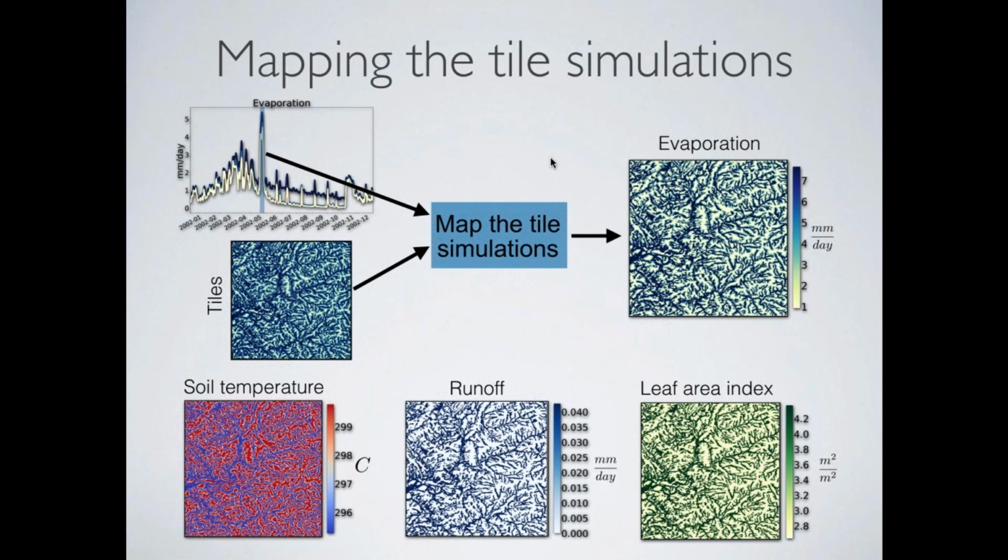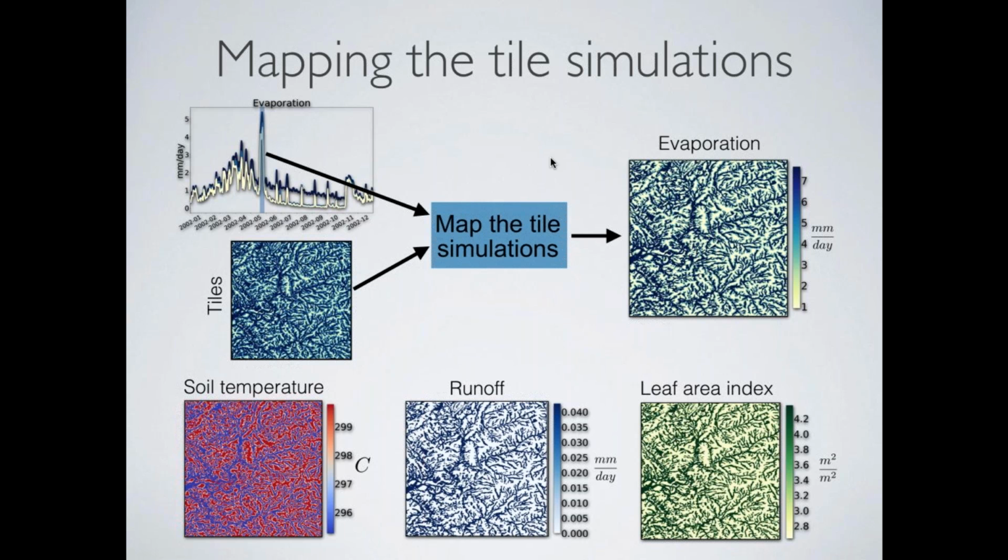Here's the evaporation coming from the model, and you also have the corresponding soil temperatures. In the areas of higher topographic convergence, you have more water, so the soil temperature is lower. You have the runoff, which is occurring close to the channel, and you have the higher leaf area index because you have more water available. All these are prognostic variables.